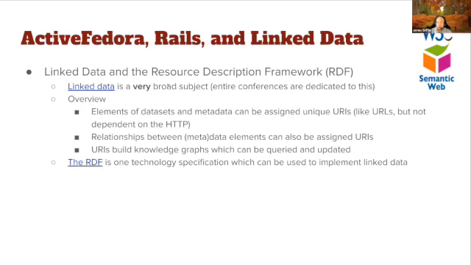Sorry again. Yes, so linked data and the RDF basically seek to achieve using these URIs to give unique identifiers to elements of data sets, as well as to provide URIs for encoding the relationships between different data sets.